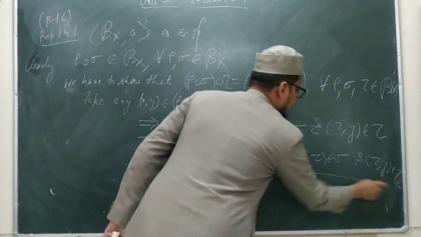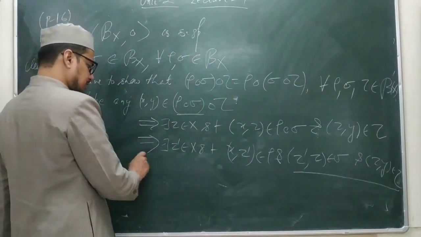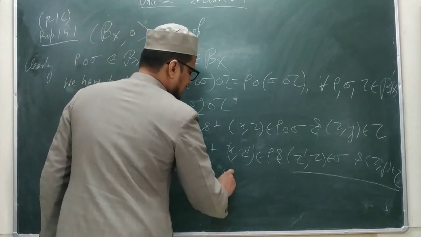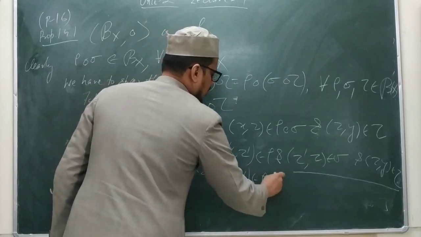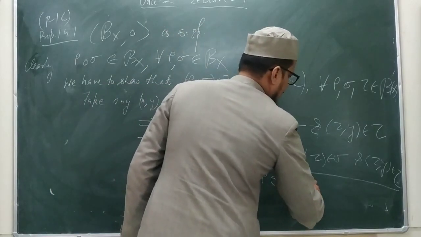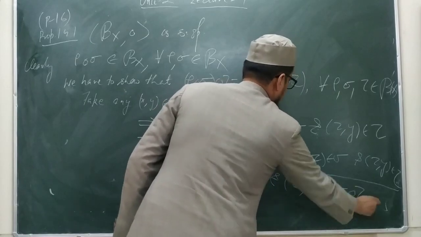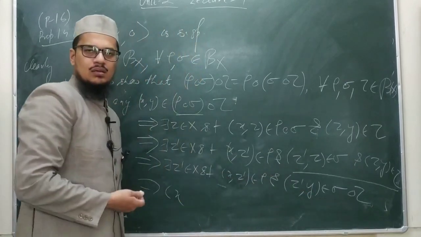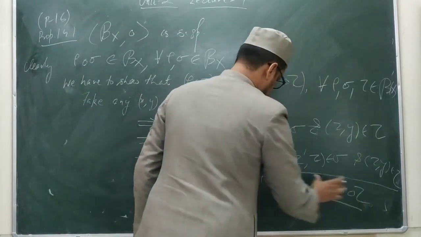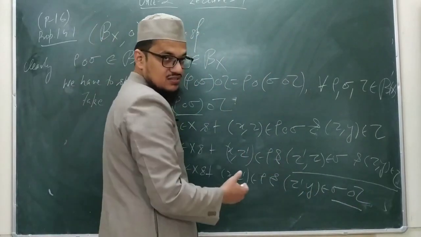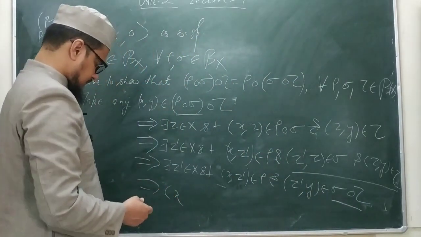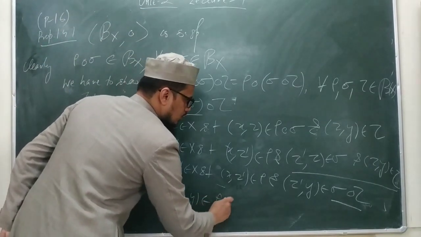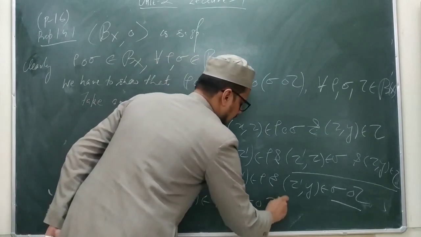Now you can combine these two. It implies that there exists z' belonging to X such that (x, z') belongs to rho and (z', y) belongs to sigma composition tau. Now it implies that (x, z') and (z', y): this is one relation, this is another relation, and in between there is z'. So (x, y) belongs to rho composition (sigma composition tau). Correct?